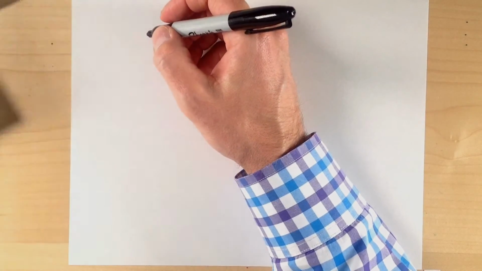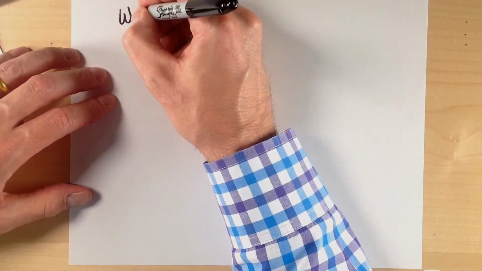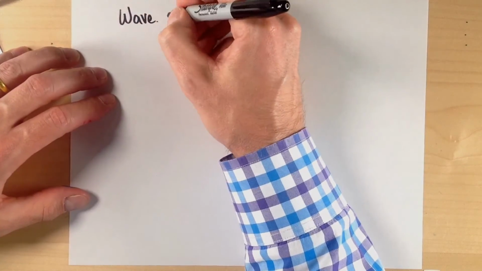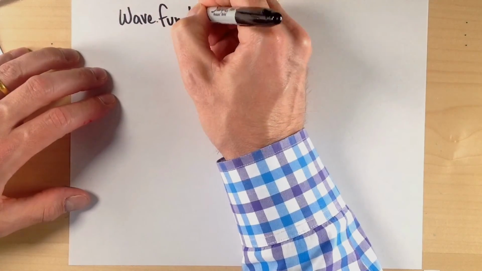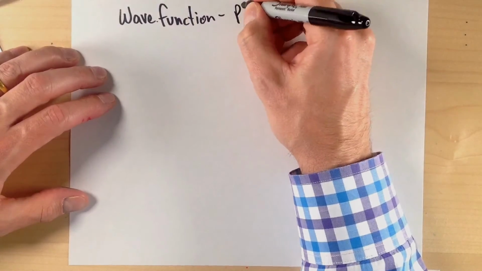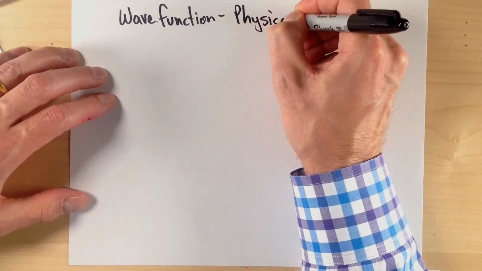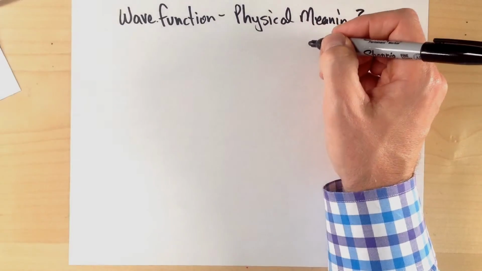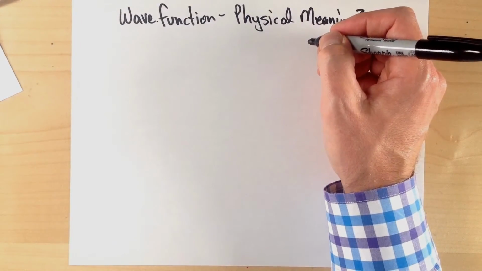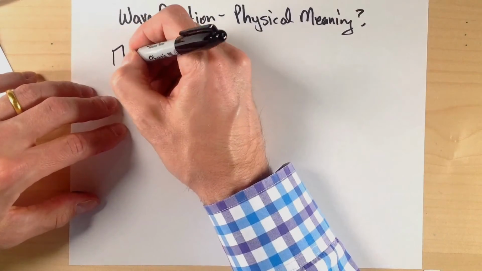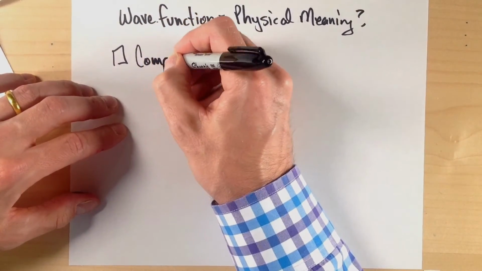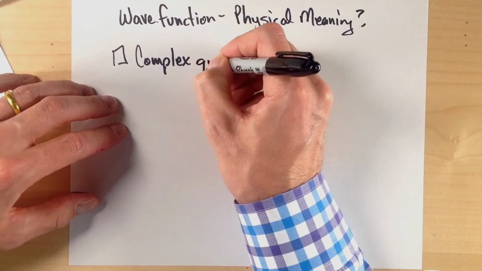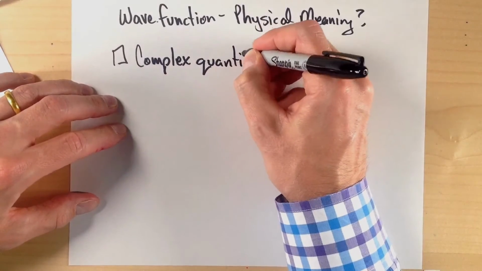So let's make some notes here about the wave function. Now the wave function has physical meaning, but in a particular way. And that is, first, it's a complex quantity.